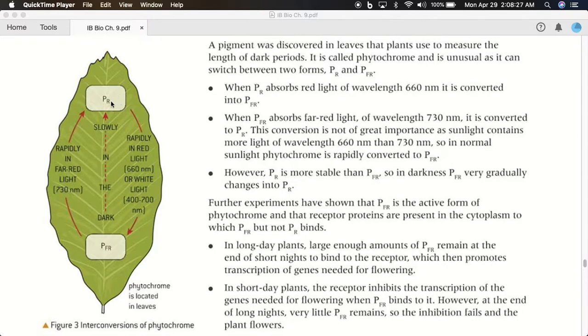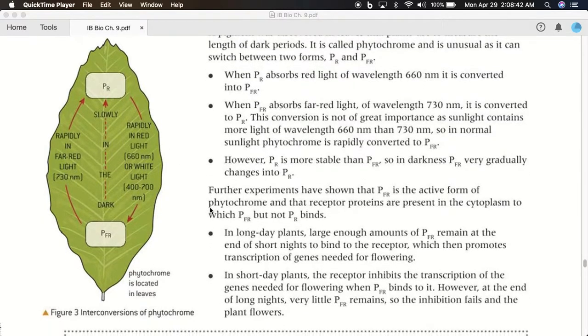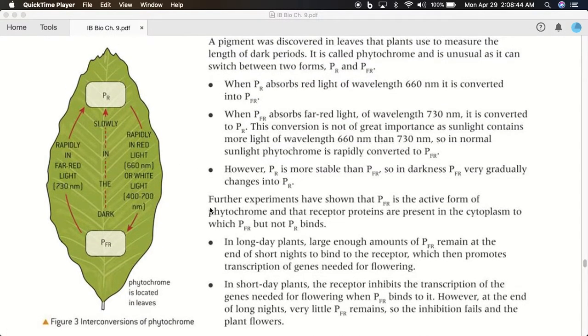So phytochrome R changes very rapidly in sunlight to phytochrome FR, and phytochrome FR changes very slowly to phytochrome R in the dark. So what we're seeing here is in long day plants, when there's a lot of sunlight, that means we're looking at this right side of the equation.